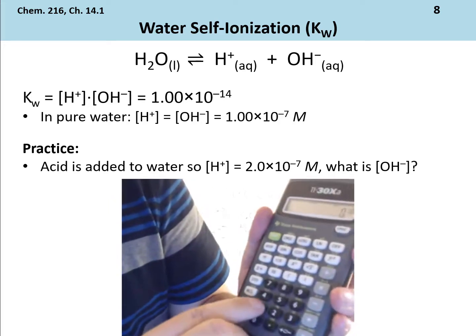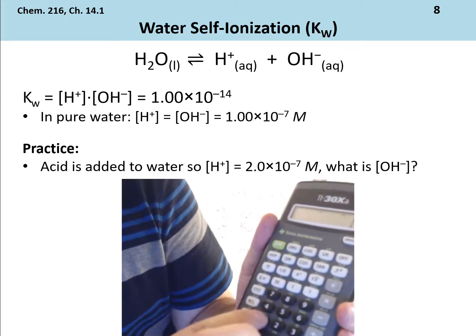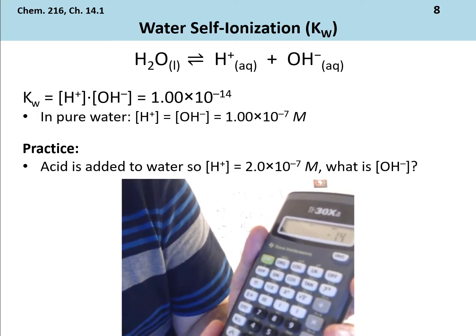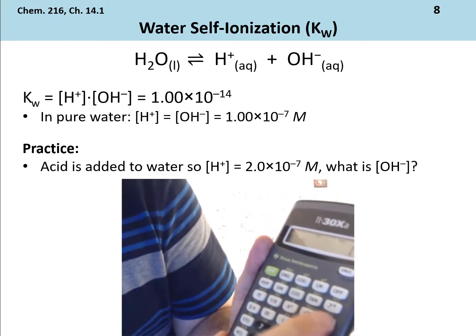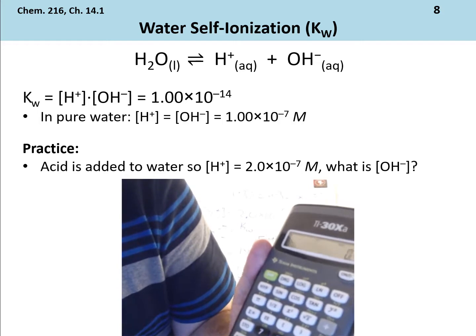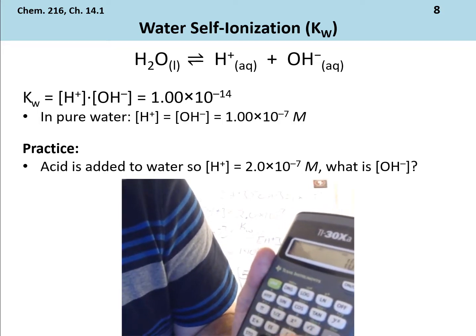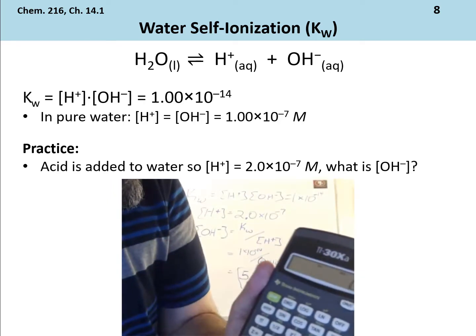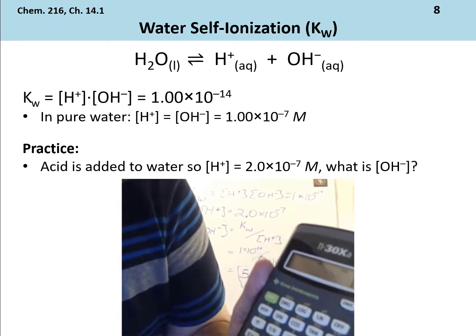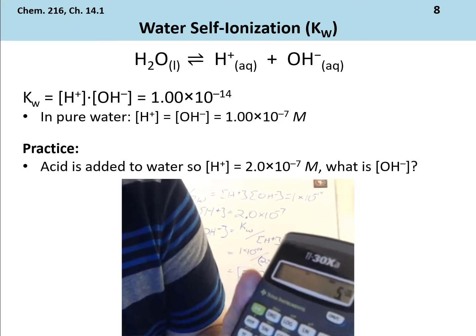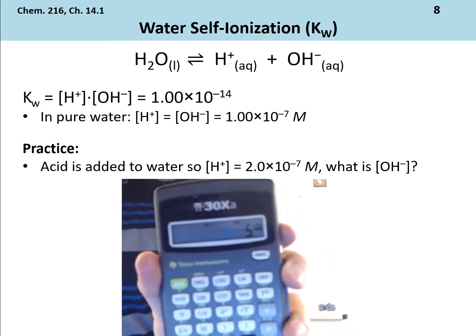I do parentheses 1 times 10 to the negative 14th, and then I divide by, in parentheses, 2 times 10 to the negative 7th. I close that parentheses, and I get 5 times 10 to the negative 8.